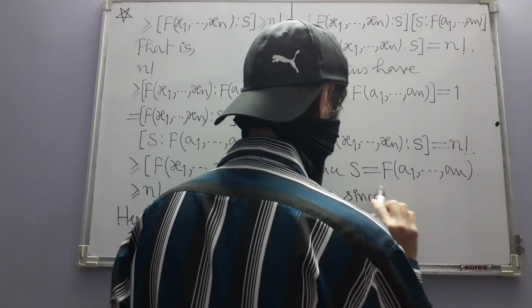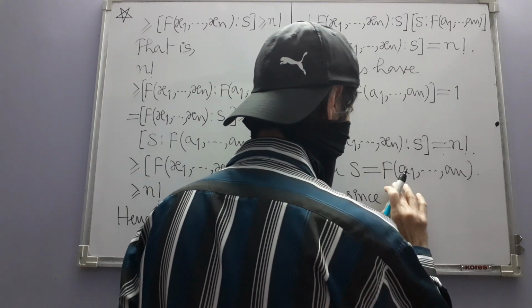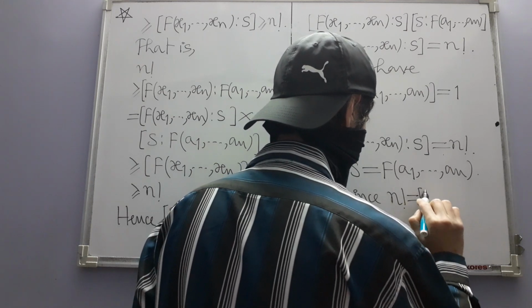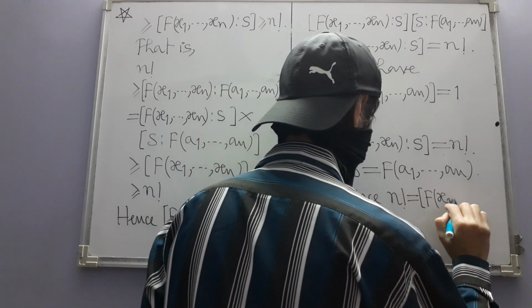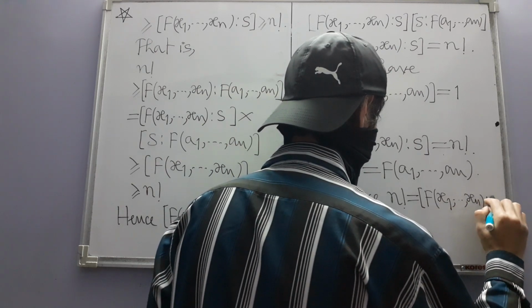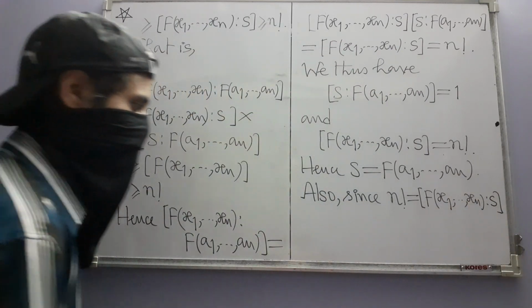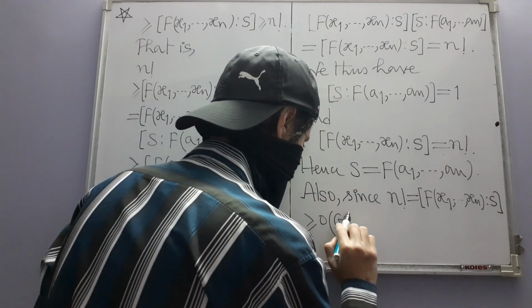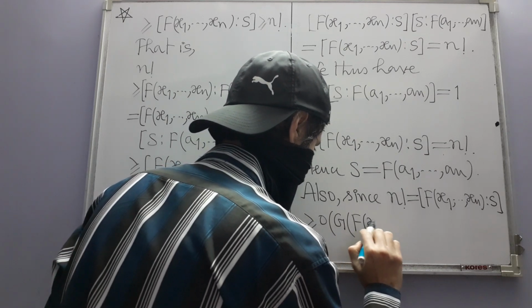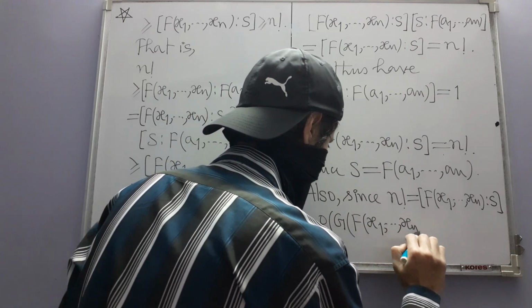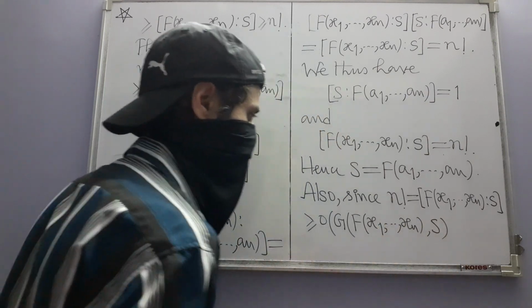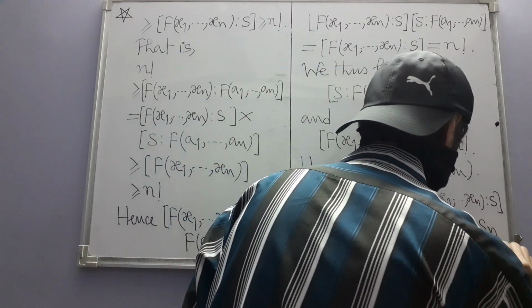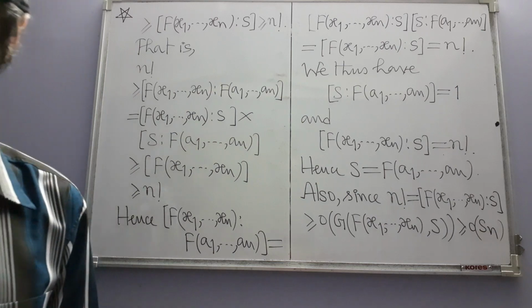Since, let me write like this: n factorial is equal to the degree of our field of rational functions over S, which is greater than or equal to the order of the group of automorphisms of this field relative to S, and that is greater than or equal to the order of Sn, which itself is equal to n factorial.